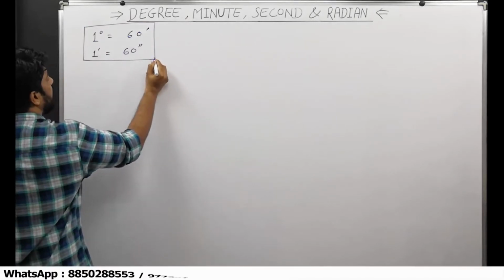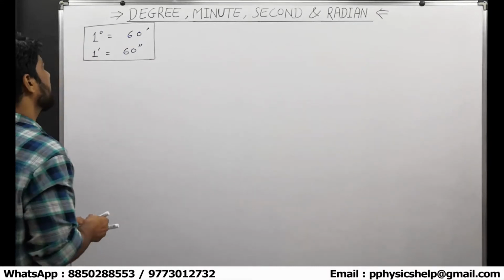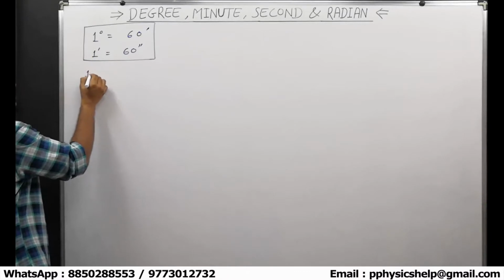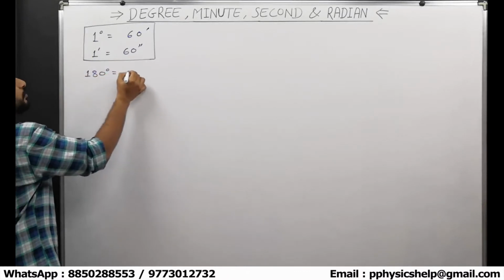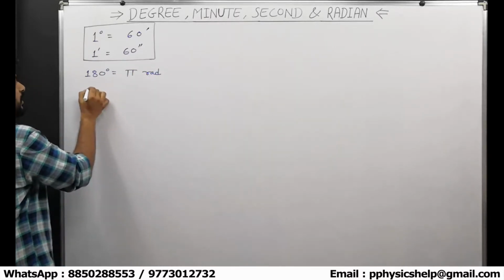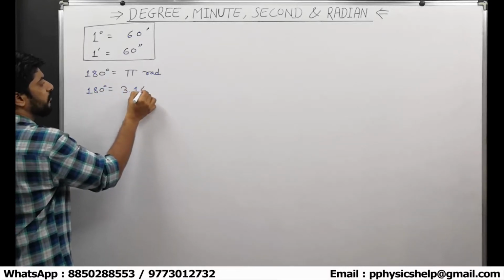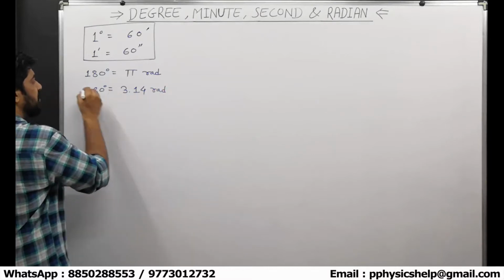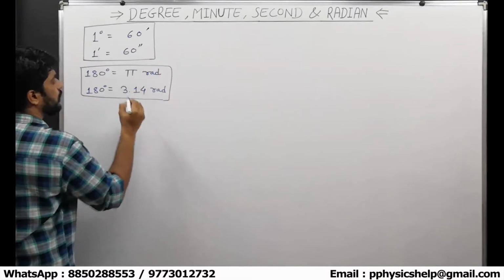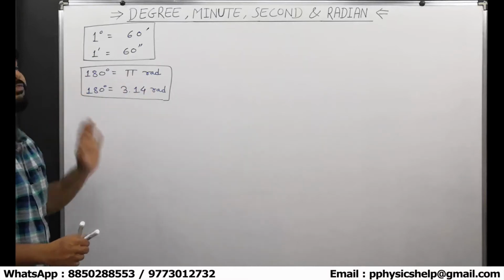Now we move to the very important one, degree and radians. What is the relation between them? It's very simple. 180 degree is equal to pi radians, or we can say 180 degree is equal to, what is the value of pi? It is 3.14, radians. This is the relation between degree and radians.